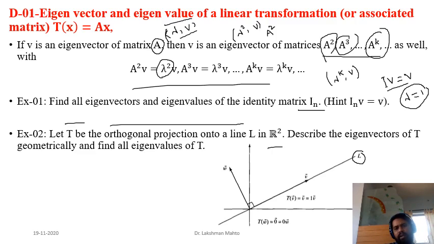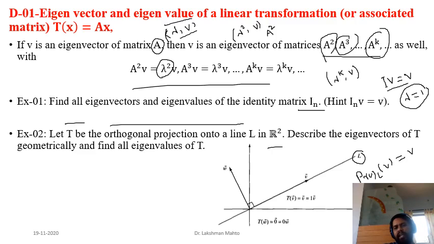If you take any vector on this line, what is the projection of v with respect to this line? The projection would be v itself, because v is on the line. So TV equals V.